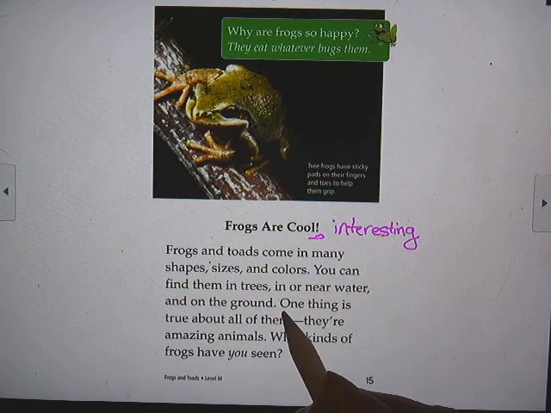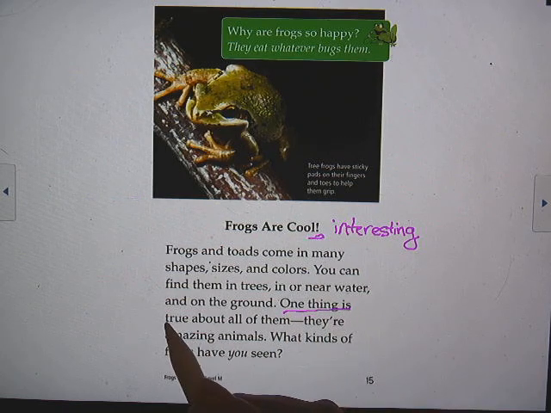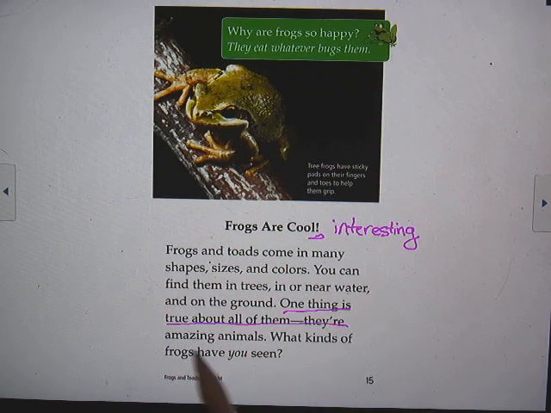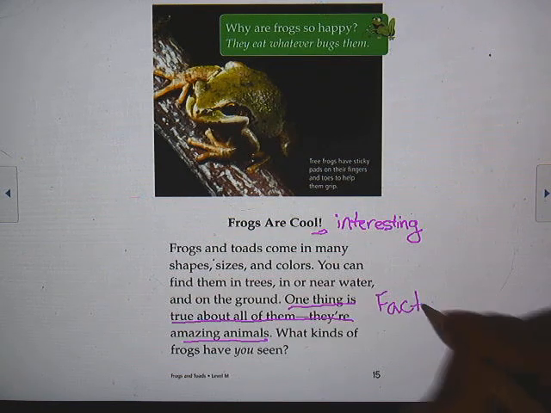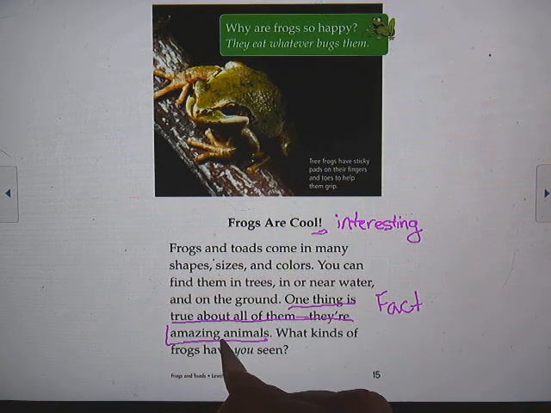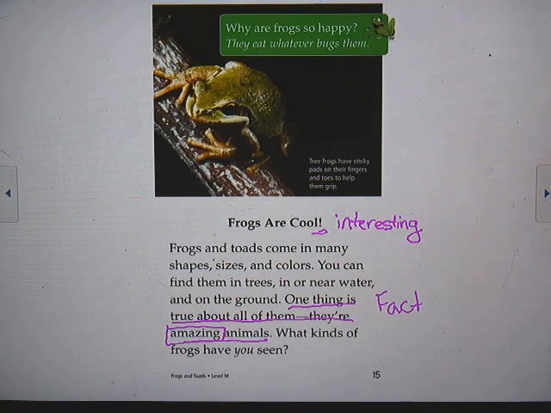All right, one question I have for you. It says one thing that is true about all of them, they're amazing animals. Is that a fact? Can you prove that something is amazing? Or is that an opinion, something that someone or a group of people might believe but cannot be proven?